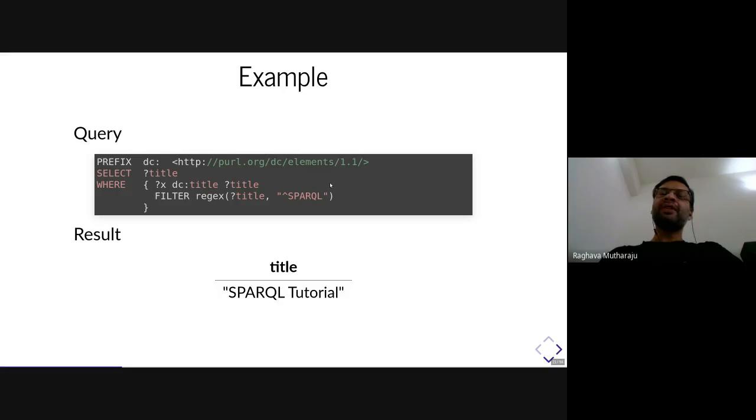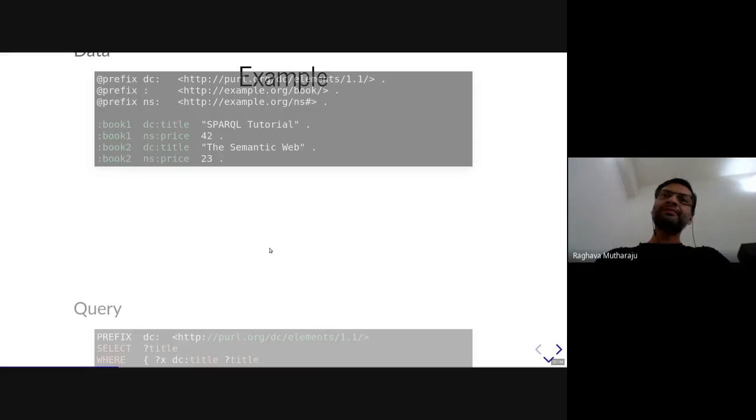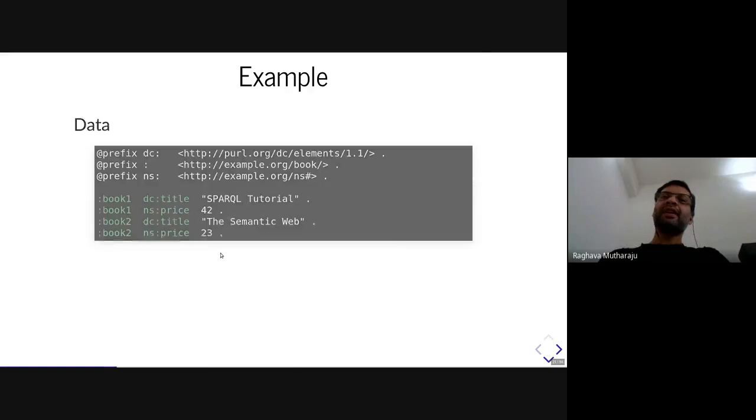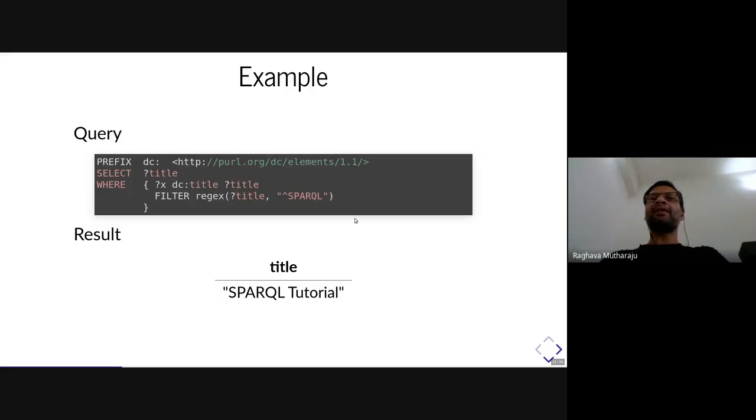So the rest of the title can be anything else, right? You don't care. So you're only looking for those titles that have the starting word as SPARQL. So in this case, the semantic web title gets filtered out, and you have only one result, which is SPARQL tutorial. Right? Is that clear?